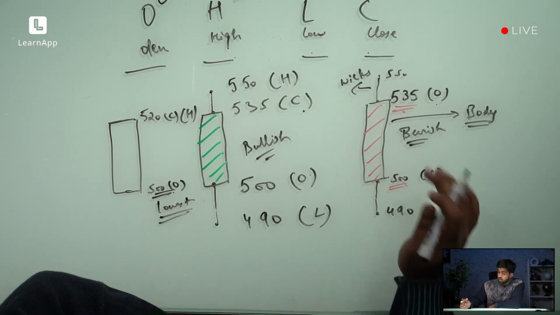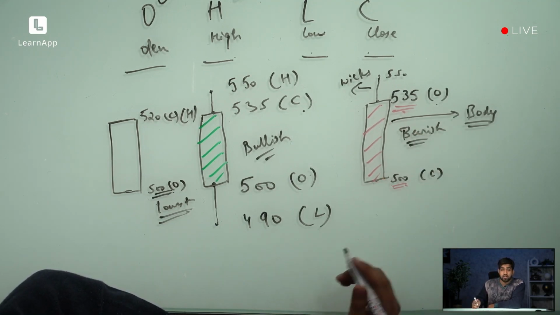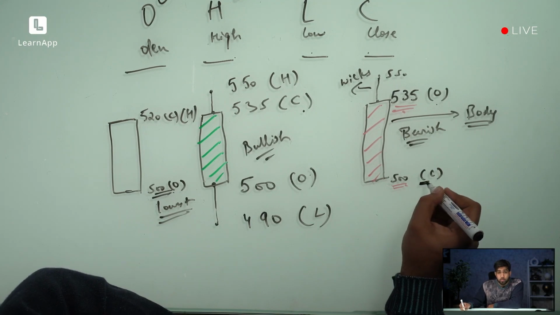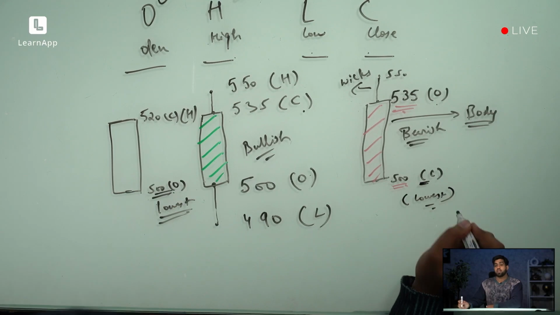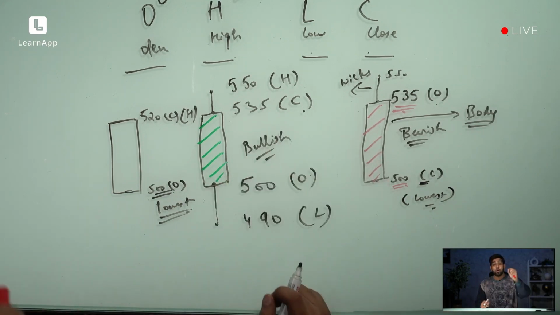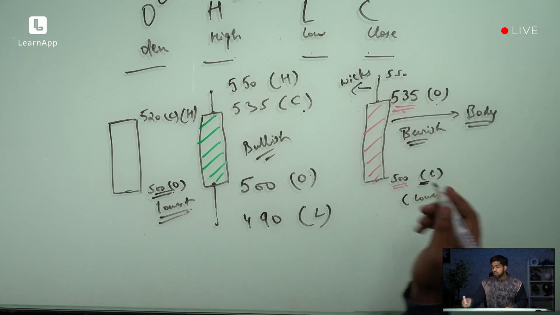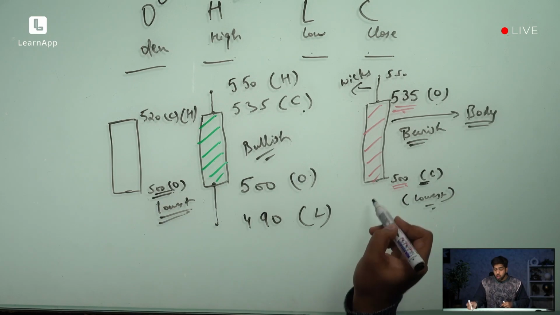Now, in case of a red candle, if there is no lower wick, then it means that 500 is the closing price as well as the lowest price. Yes, lowest equals opening in case of a green candle and lowest equals closing in case of a red candle if there are no lower wicks.